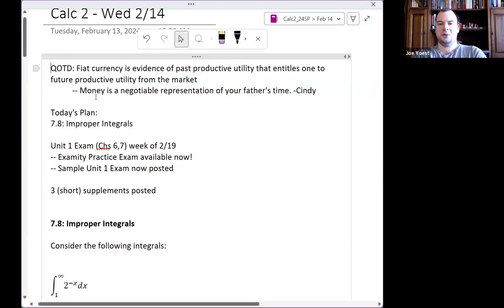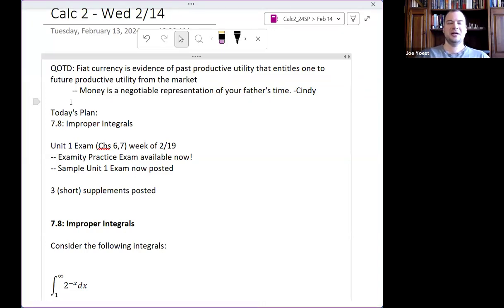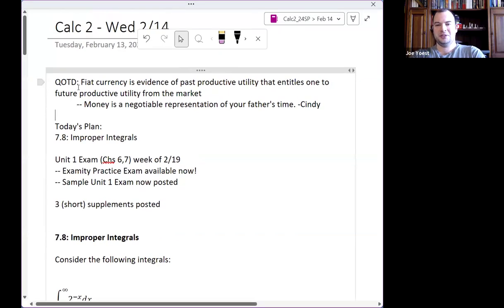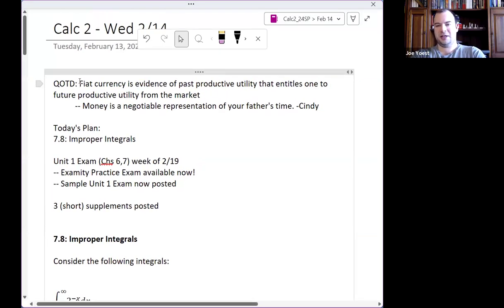Okay, the quote of the day today. Sometimes the quotes of the day don't exactly tie into the material for a certain class. This is more geared toward another class where we're talking about things like money and interest rates. But just a little short thought for today is fiat currency, or basically money that doesn't have inherent tangible value.